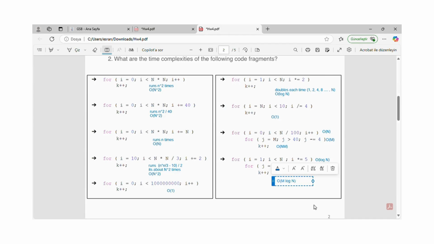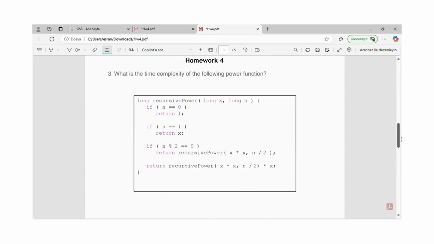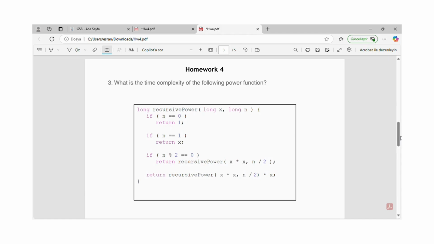Okay, and the next problem is, what is the time complexity of the following power function? This function calculates power using recursion and division. There are base cases.